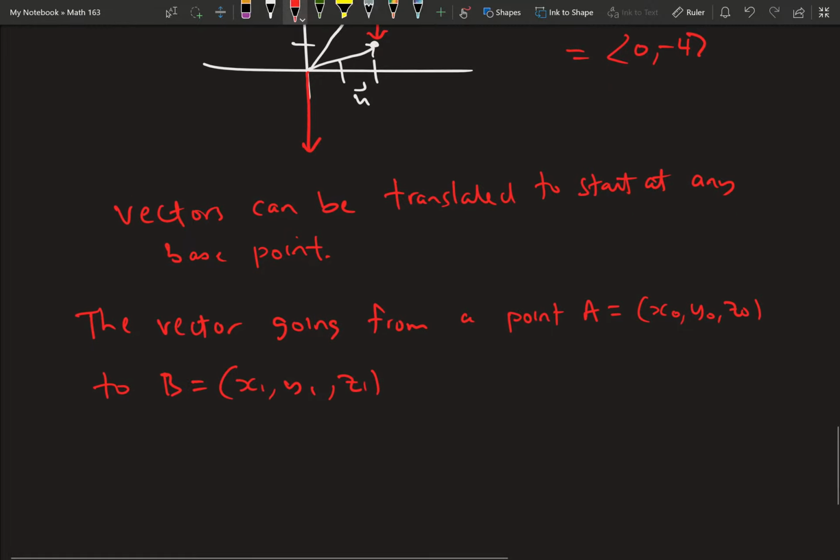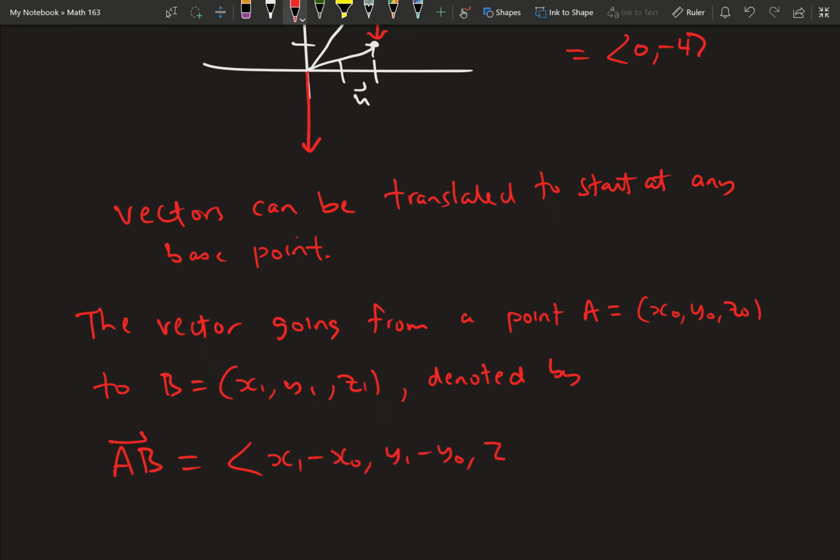How do you write that? That'll be A B with the little dash over it. Well, it's just this point B minus this point A. So it's (x1 minus x0, y1 minus y0, z1 minus z0).